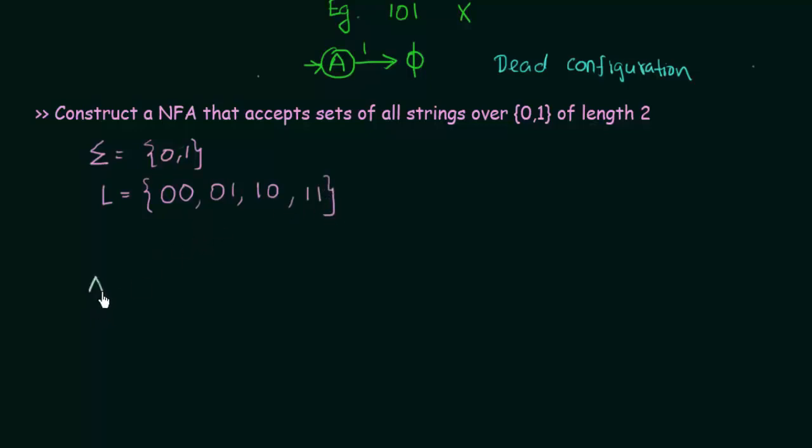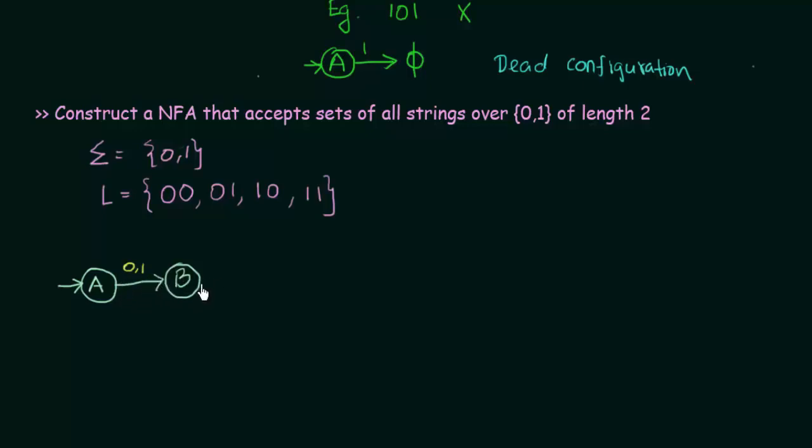It is very simple. First I start with my starting state, which is state A, and then A, on getting input either 0 or 1, I send it to state B. And at this point, what is the length of my string? The length of my string is 1, right? I just got one input.